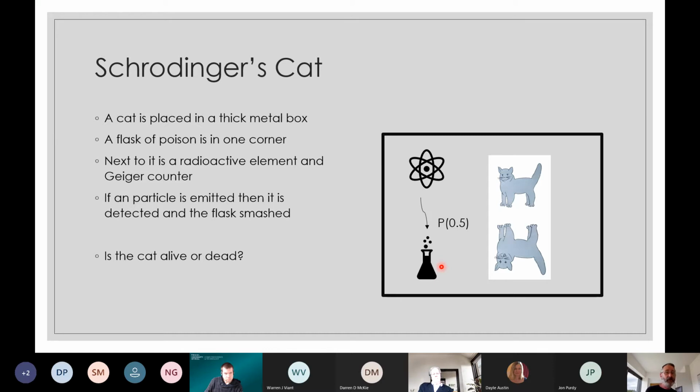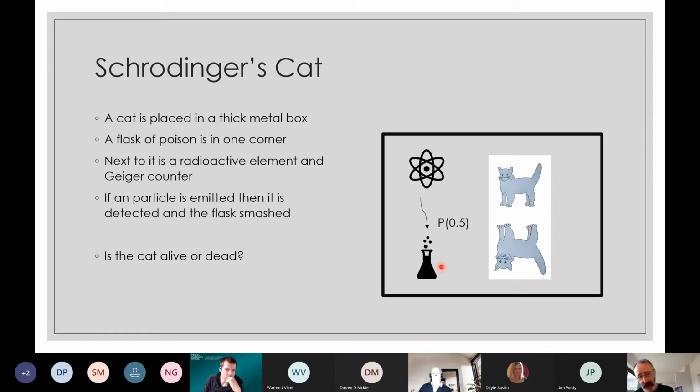And taking the quantum point, it's only when we open the box and have a look, does it collapse this situation, this waveform, and either give us a dead cat or a live cat. And that's a really strange sort of thing to think about, that before you look, you have to think of the cat being dead and alive at the same time.